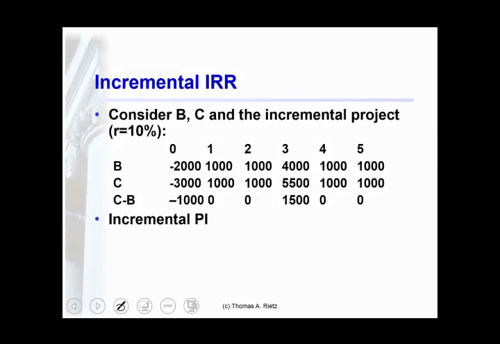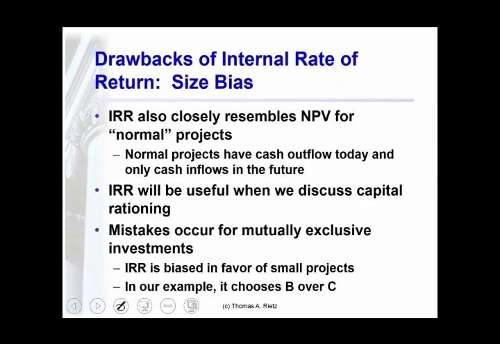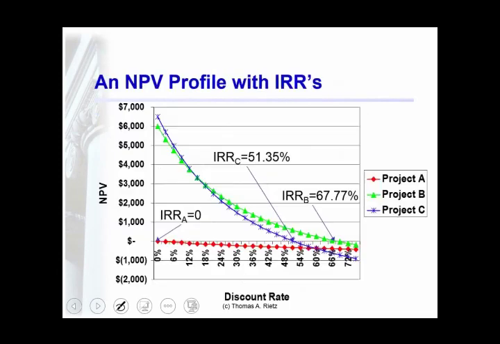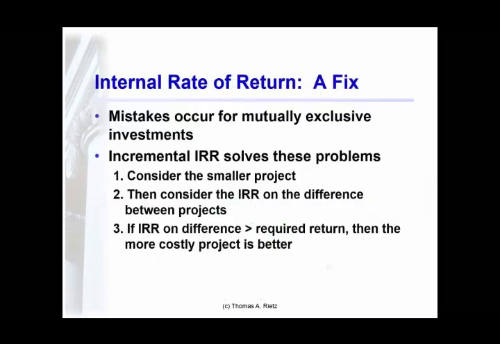So the internal rate of return for B and C are both higher than the required return. Let's go back and see. The internal rates of return are 51 and 67%.